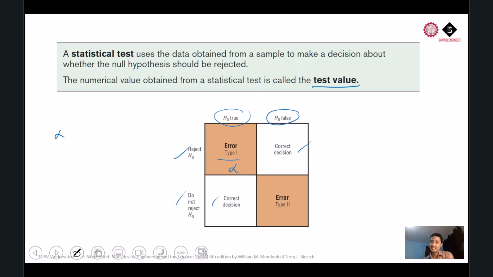Another error is when the null hypothesis is false, but you did not reject it. So you committed the type 2 error, and the numerical value for this is beta. So alpha for type 1 error and beta for type 2 error.